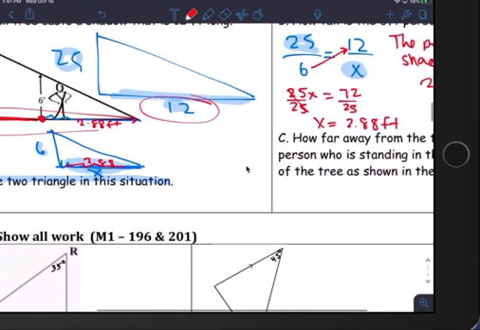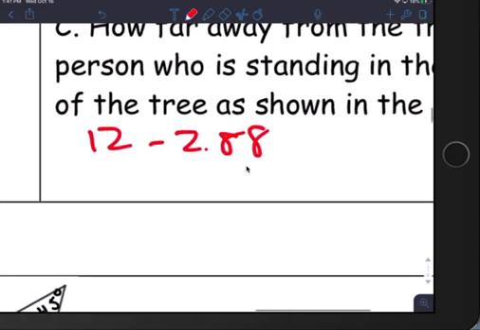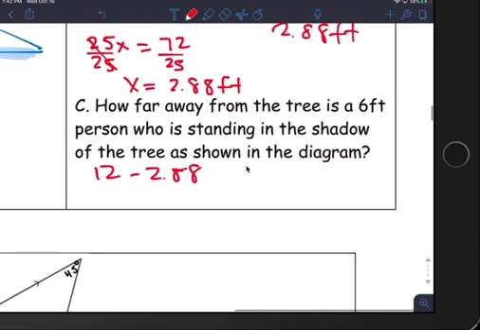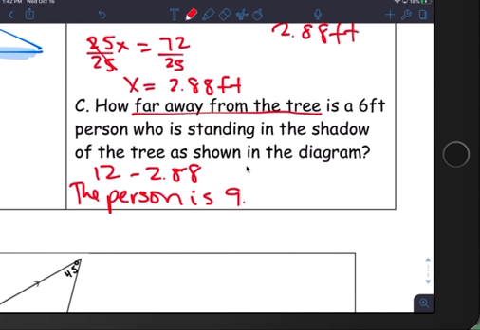So you do 12 minus 2.88. You should get 9.12. The person is 9.12 feet away from the tree.